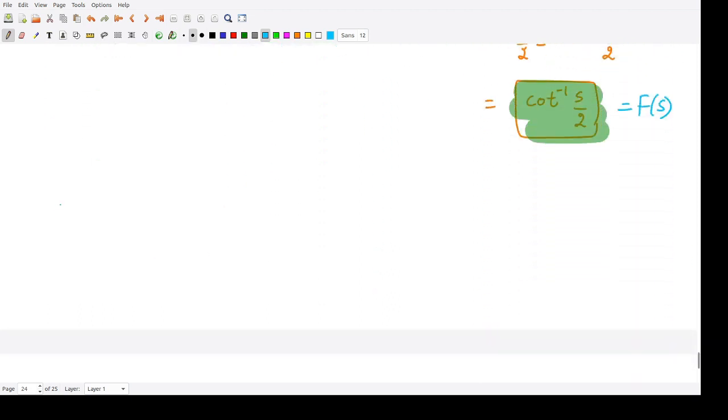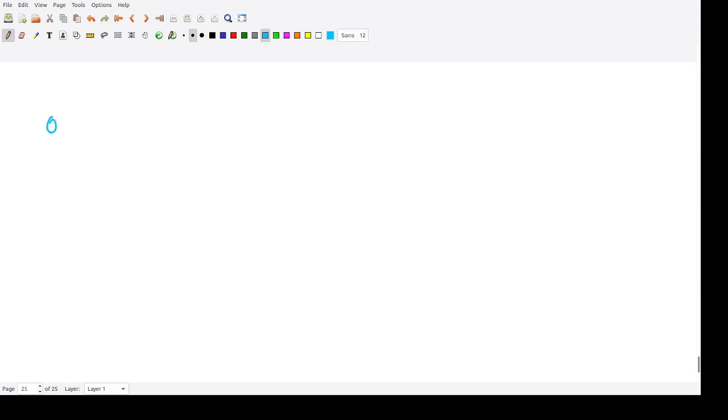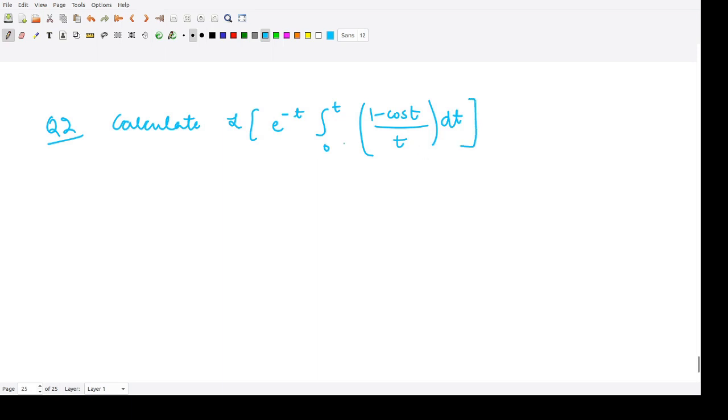So now let us look at the second question. Question number 2 states: calculate the Laplace transform of e to the power minus t, integration from 0 to t of 1 minus cos t divided by t into dt. So this is what we have to calculate. Now this seems a very big calculation, but instead we will go from the very inner part of this whole thing.